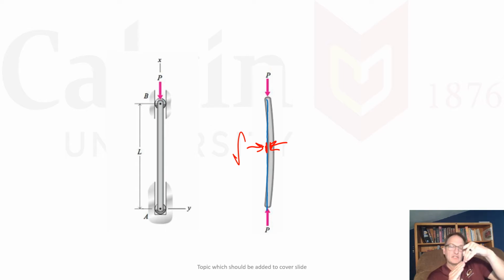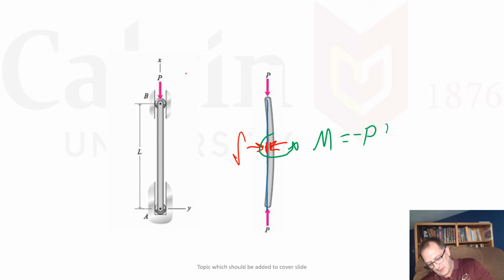And what happens is as that moves a little bit delta, then that load P is no longer just creating an axial load, but it's creating a moment about this point. There's a moment there, and that moment is equal to, I'm going to call it a minus P delta.